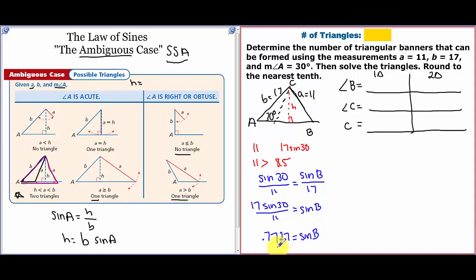Remember, you have to do inverse sine of that number to get the actual angle. So for angle B, I get 50.77.